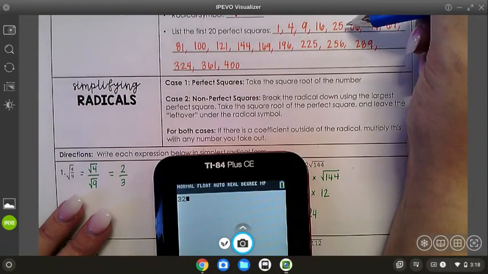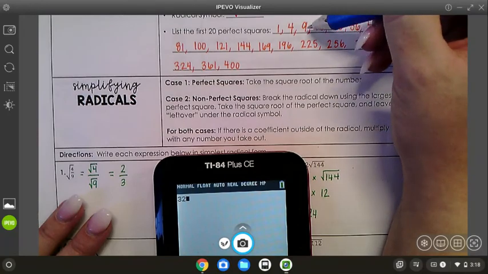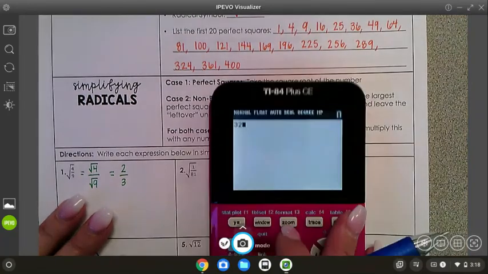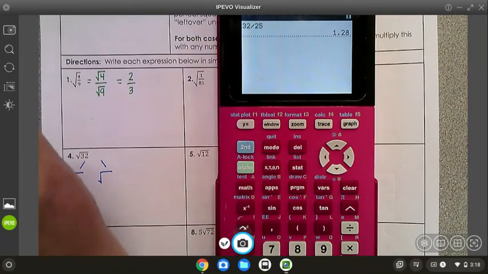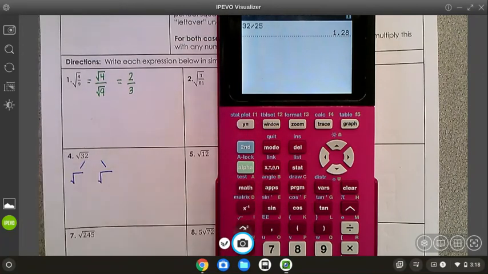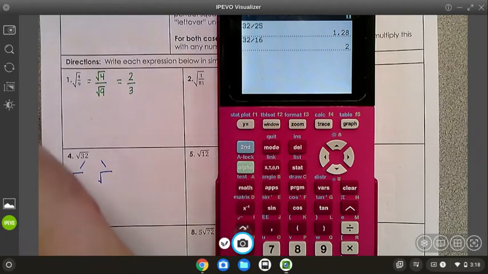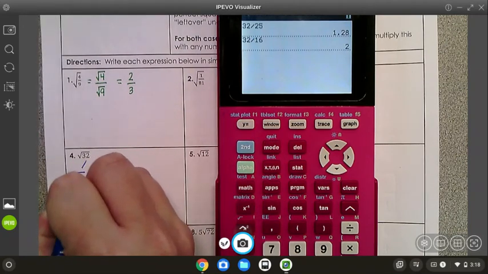So we'll start dividing 32 by everything below this. Now I know that 25 is not going to go into 32. There's no point in typing that in. I mean, if you do, you're going to get a decimal. We're looking for one that divides evenly. 32 divided by 16 is 2. So that's my biggest one.